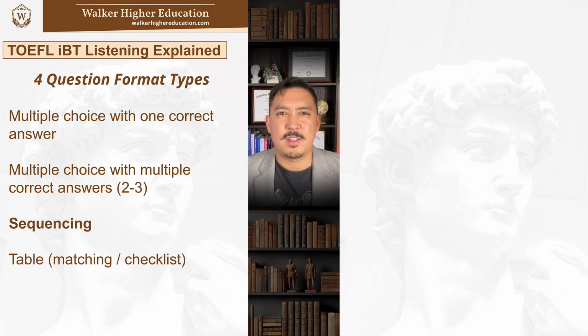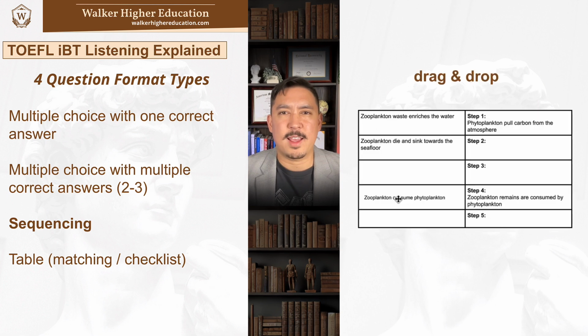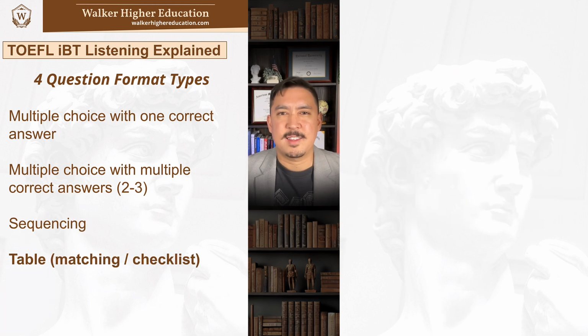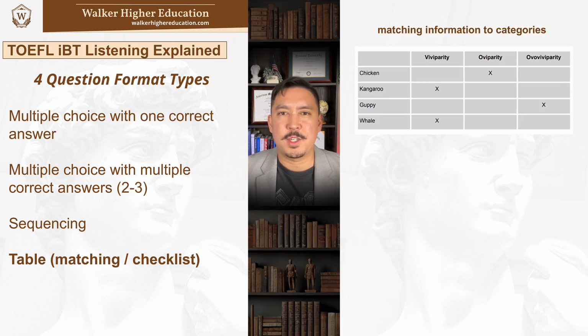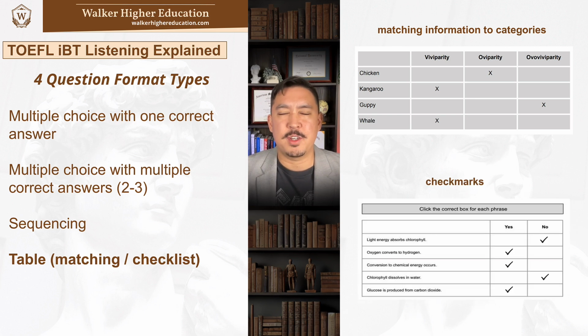After that, we have sequencing questions, where you have to put events or the steps in a process in the correct order. With these questions, you'll drag and drop information from one area of the screen to another. Lastly, we have questions where you complete a table, where you have to match information to its correct category or list correct information by placing check marks in the table.